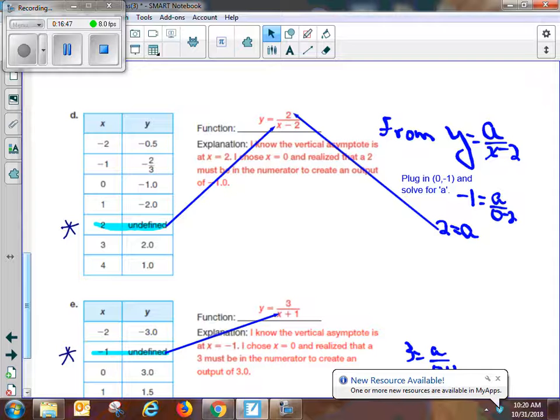So I replace the x with 0, and I replace the y with negative 1. Good there. Do you remember cross multiplication? So if I multiply negative 1 times the answer to 0 minus 2, would you agree you get 2? So a is 2. So now I get this nice answer, 2 over quantity x minus 2. I'm going to do a second one as well.